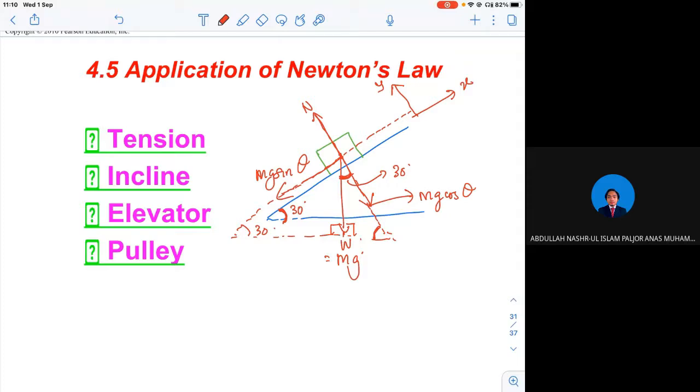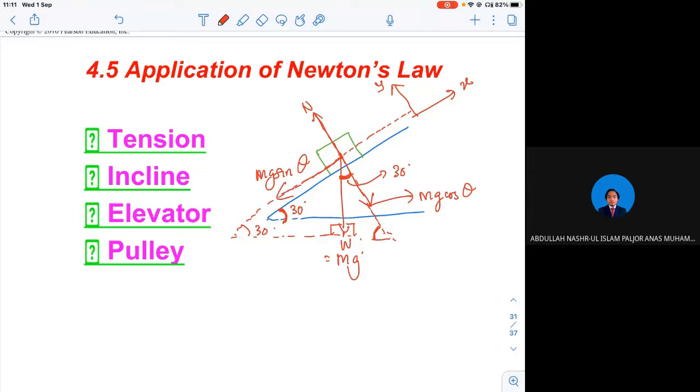So right now you need to know normal, mg sin theta, mg cos theta. So this is the basics of the forces acting on an object in an inclined situation.